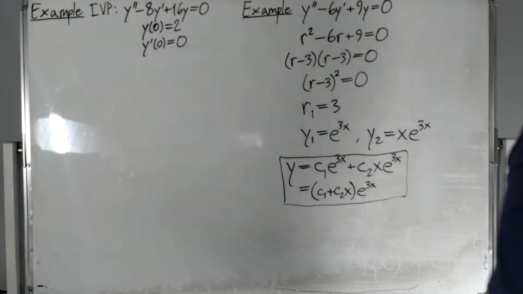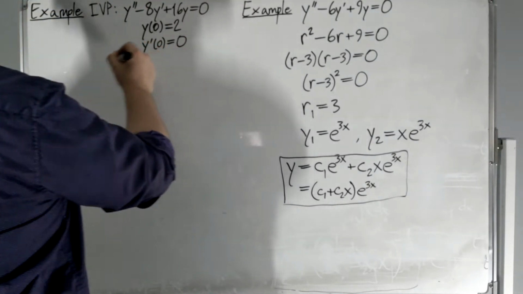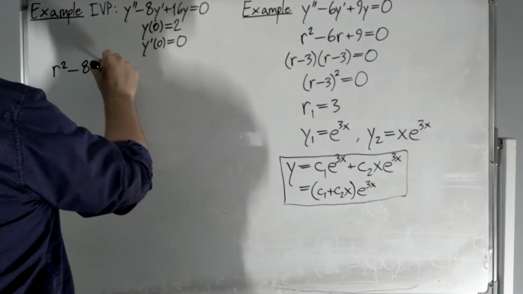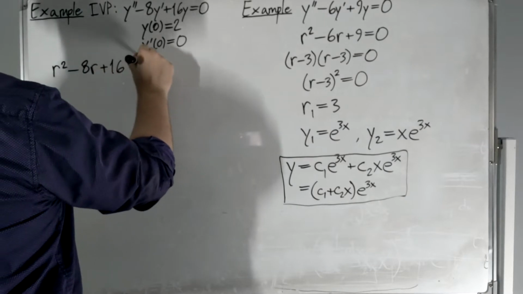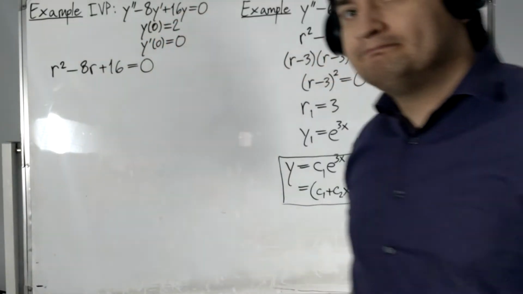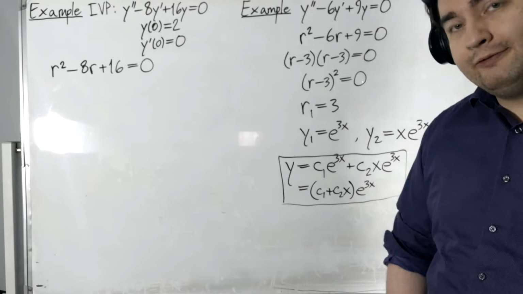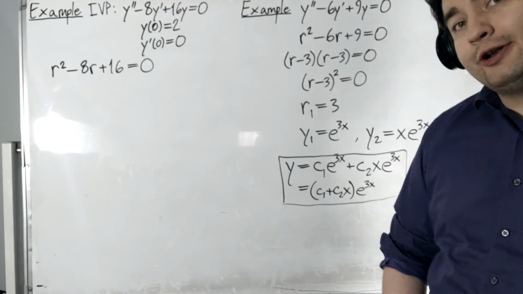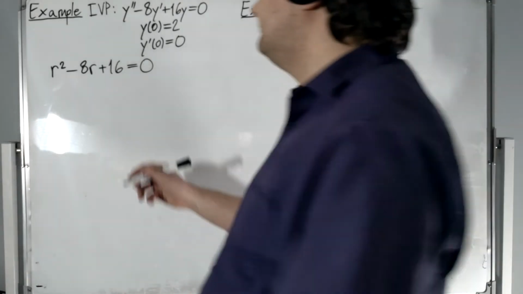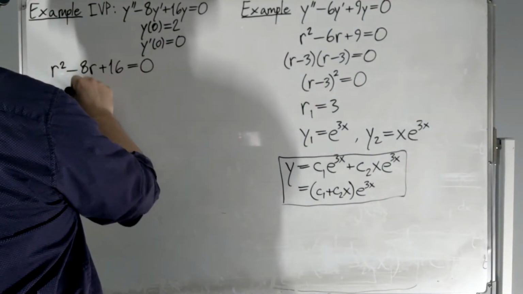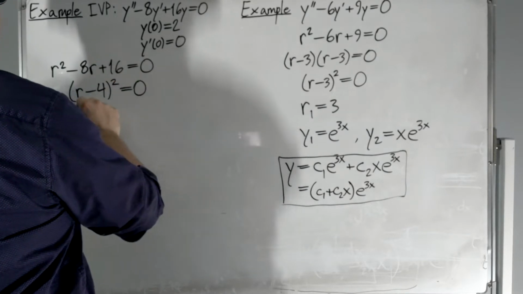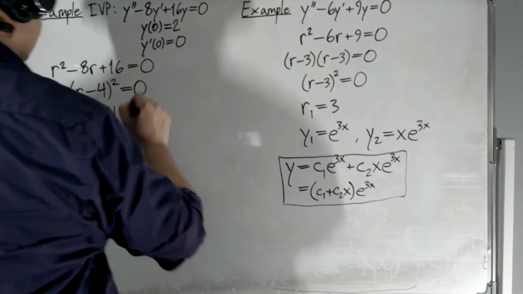So, the characteristic equation just looks like r squared minus 8r plus 16 equals 0. That factors into (r minus 4) times (r minus 4), or in other words, (r minus 4) squared. So that gives us exactly 1 real root, which is 4.